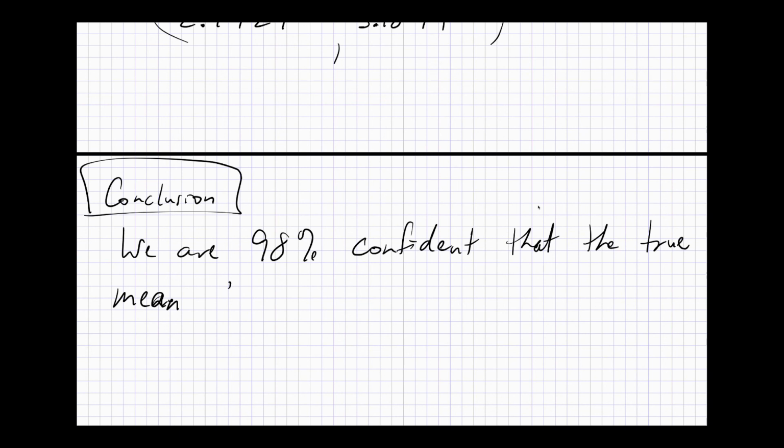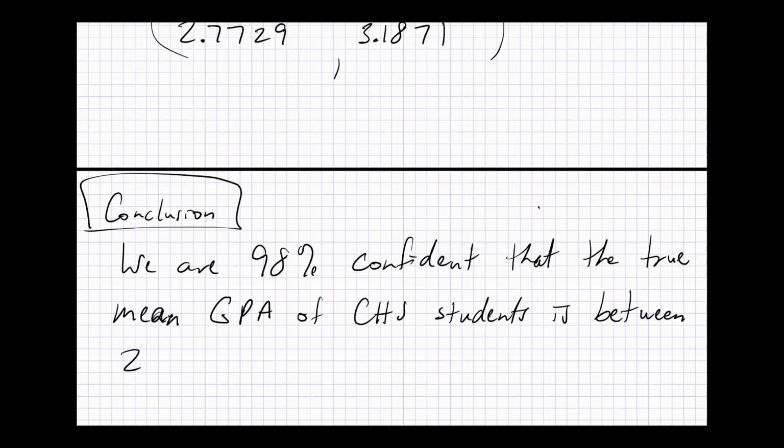True mean GPA of CHS students is between 2.7729 and 3.1871. Done.